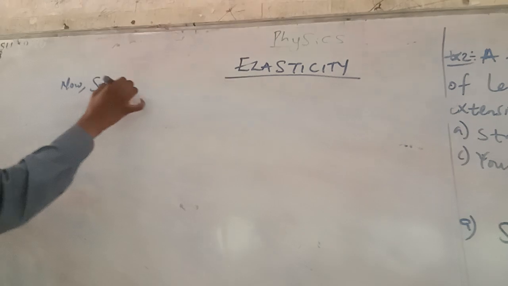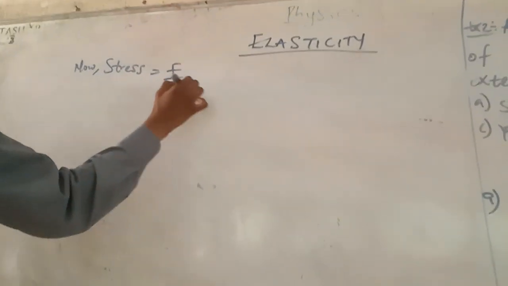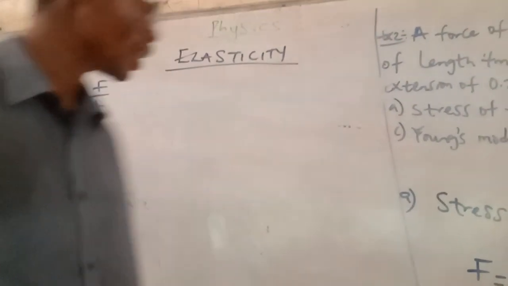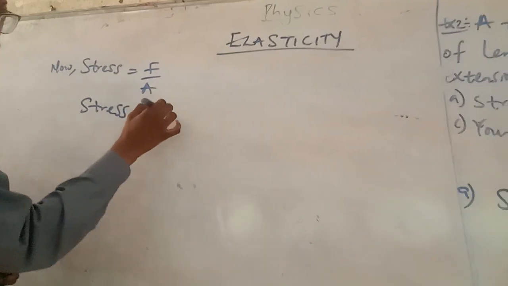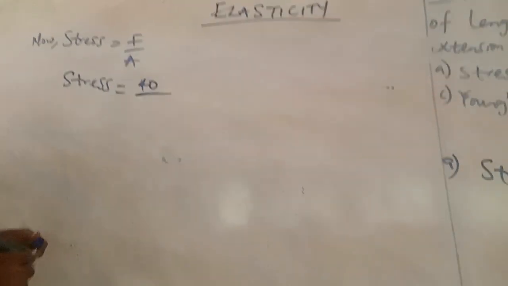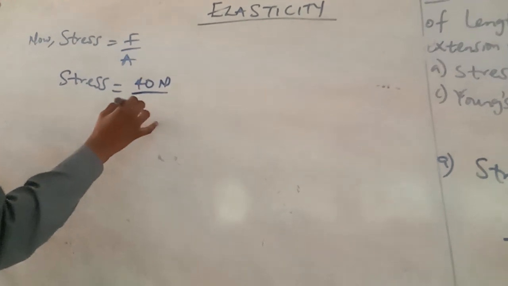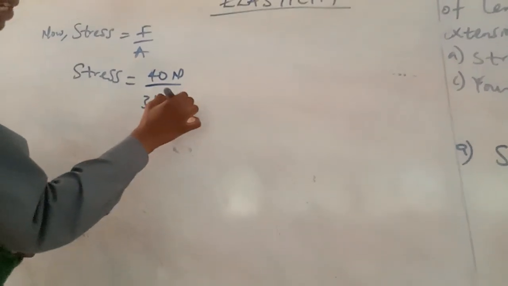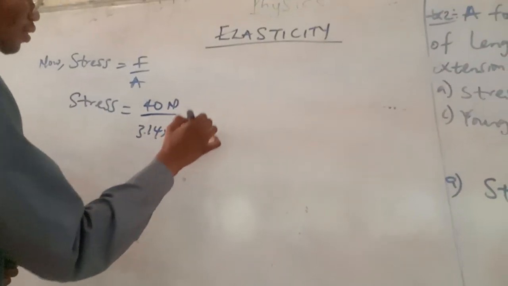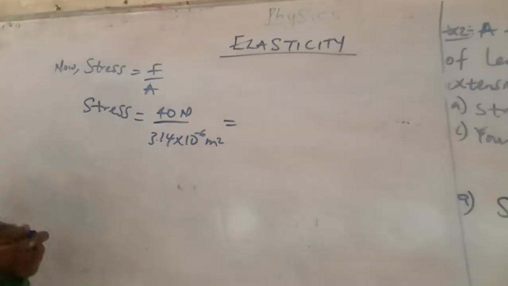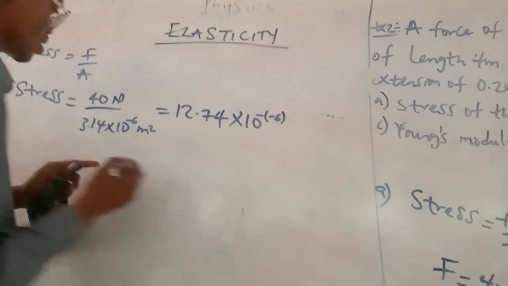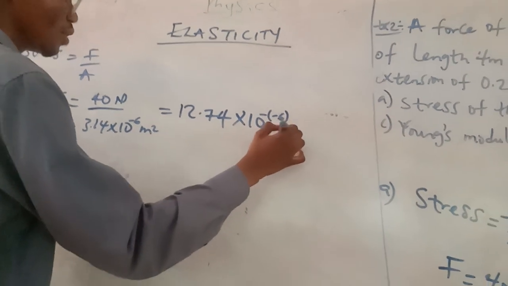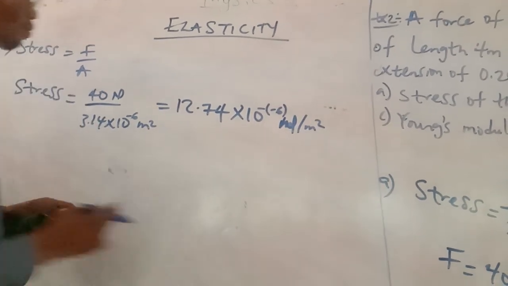Stress is force over area. Now we have gotten our force and our area. Now our stress will be 40 Newton over 3.14 times 10 raised to power minus 6 meter square. Now, what is 40 divided by 3.14? That gives 12.74 Newton per meter square.